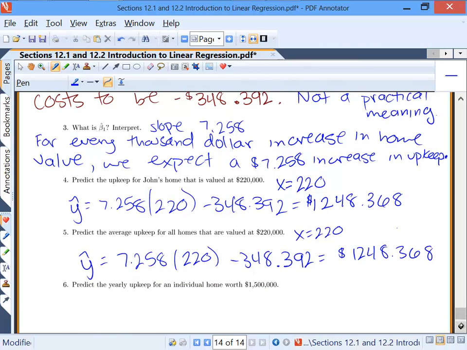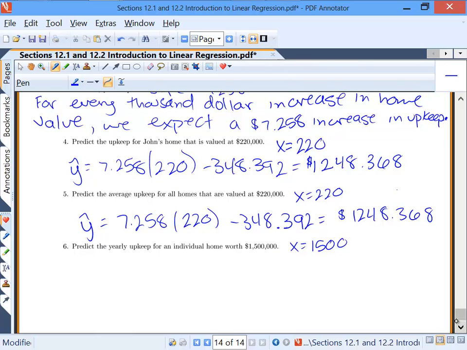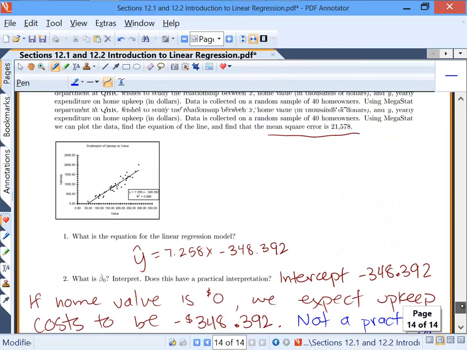And if I asked you to predict the yearly upkeep for an individual home worth $1,500,000, we would start the same way. So X equals 1,500. And what do you feel about that 1,500? If you look back at your scatter plot, we'll go to about 300, 290, something like that.